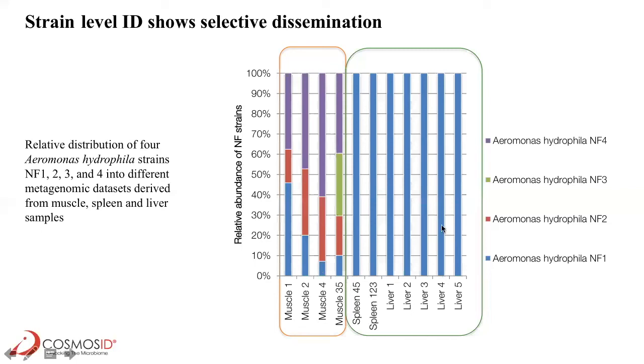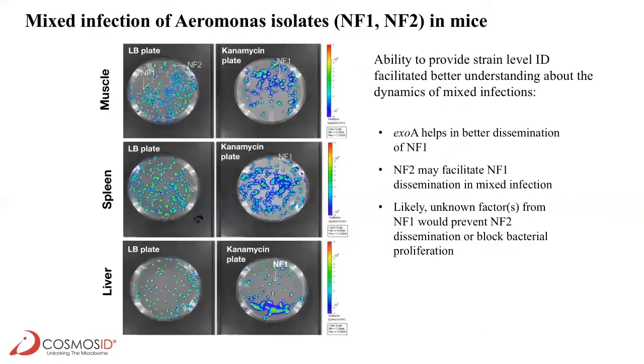However, when it disseminated to the peripheral organs, only the less virulent strain, this one, disseminated, which was a big surprise because we expected the highly virulent strain to do that. Therefore, we had to validate the results in a laboratory experiment, and NF1 was reconstructed with a kanamycin cassette and luciferase gene.